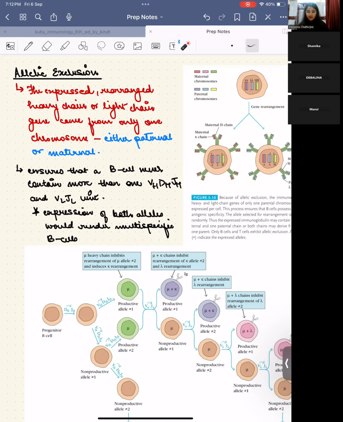Imagine a situation where the maternal gene for kappa is expressed and undergoing independent rearrangement, and the paternal gene for kappa is also expressed and independently undergoing gene rearrangement. Ultimately, we will have two kappa chains, both having different combinations, because recombination is a random process.